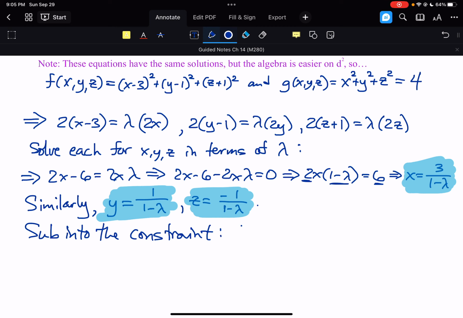So we're going to get (3 over 1 minus lambda) squared plus (1 over 1 minus lambda) squared plus (negative 1 over 1 minus lambda) squared equals 4.